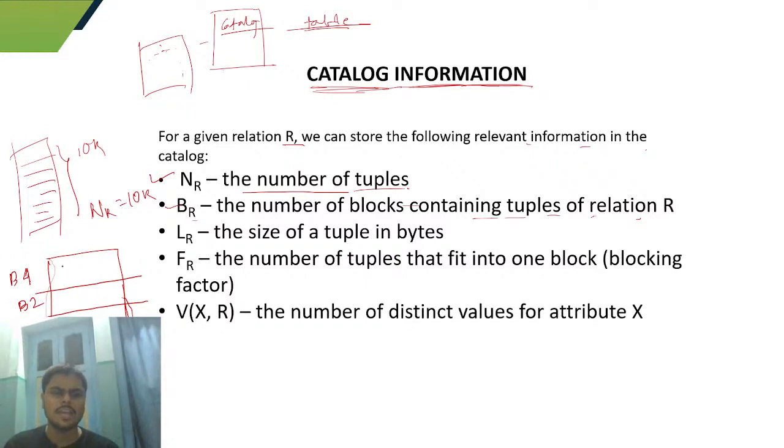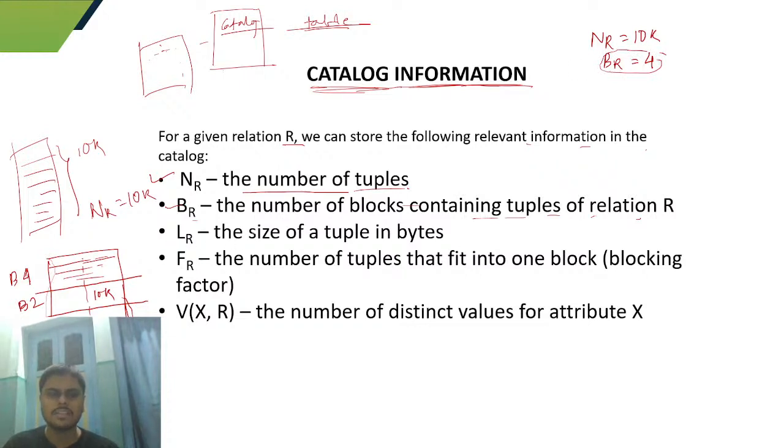Every block contains some number of tuples, which you can figure out on your own. The entire relation is 10k tuples, and it is divided into four blocks. So our NR is nothing but 10k, and our BR is nothing but 4, because the entire set of tuples spans four blocks only.